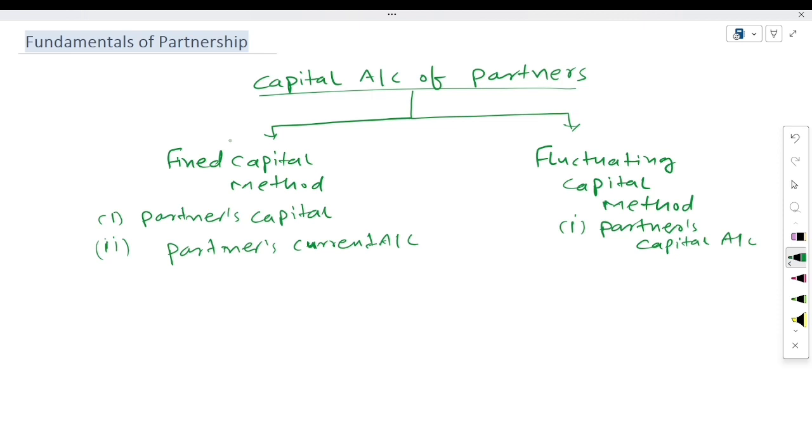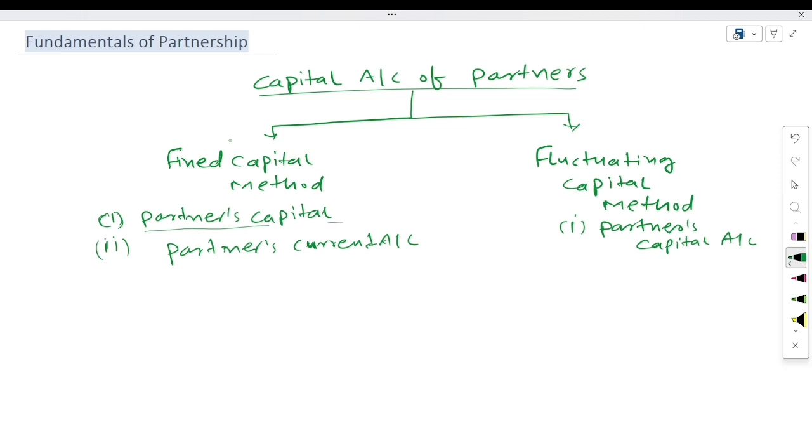Now see here what is the difference between the fixed capital method and the fluctuating capital method. In case of the fixed capital method we will prepare two types of account.